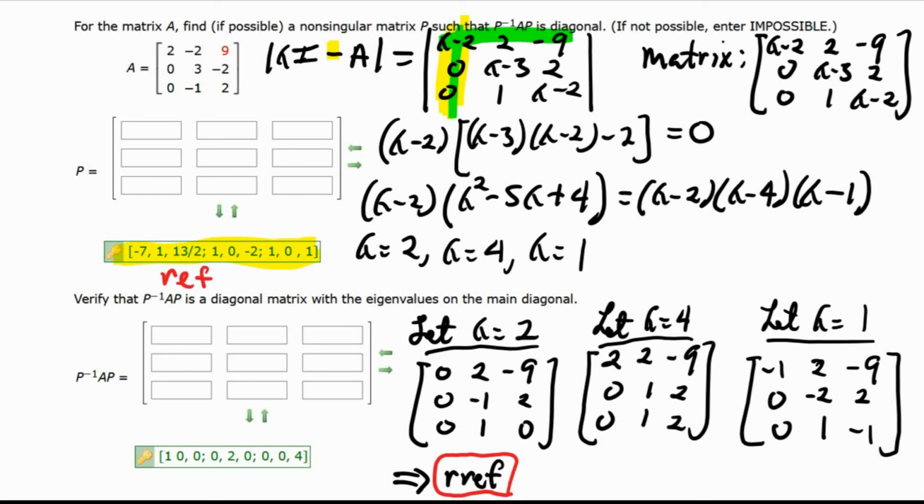And so what that means is that my P was different from his. But the result, once you calculate even my P inverse times A times P, you still get this. So apparently P is not unique, right? And so you can put my answer in the way I do it, and that's cool. And Webb-Assign is going to mark it right. So we don't have to be like him, right? You can be like yourself, and because you understand it, you just do the work.